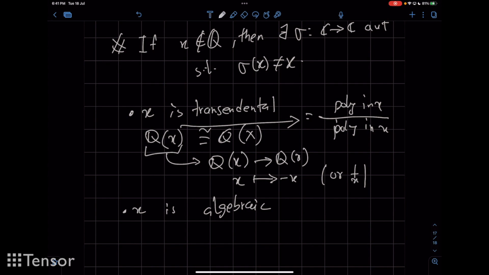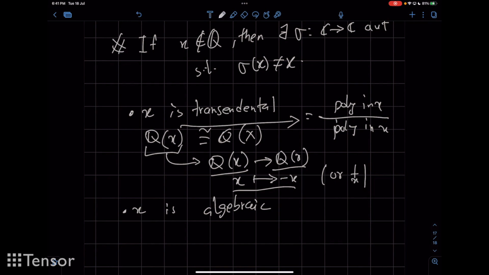If we take x to negative x or even 1 over x, we get an automorphism of Q(x) that does not preserve x, right? And we can extend this automorphism of Q(x) to an automorphism of C. So if x is a transcendental number, we have an automorphism that does not preserve x.